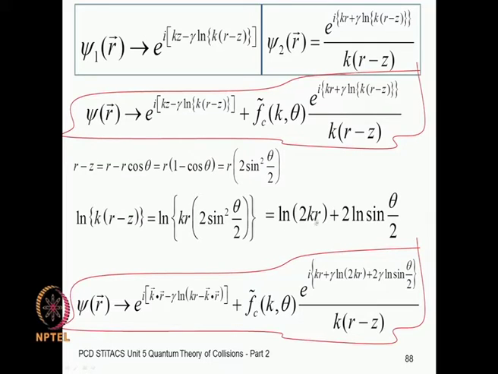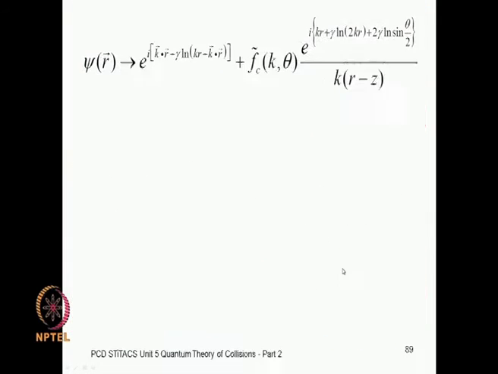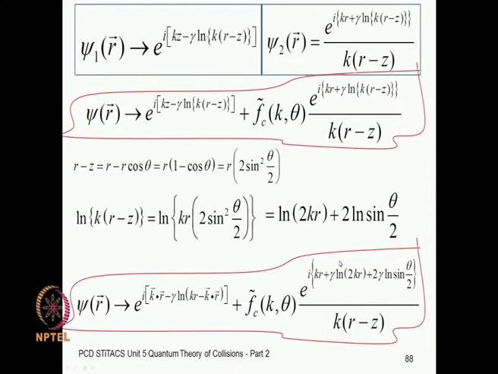This is one source which comes here, logarithm of twice kr, and the other term is, there is a gamma multiplying outside here. So this gamma multiplies this twice logarithm sine theta by 2 which is coming here, okay. So these are the three terms now that we will track, okay.